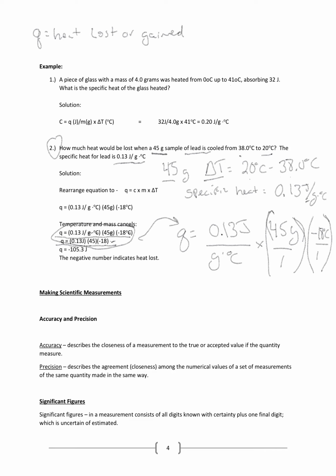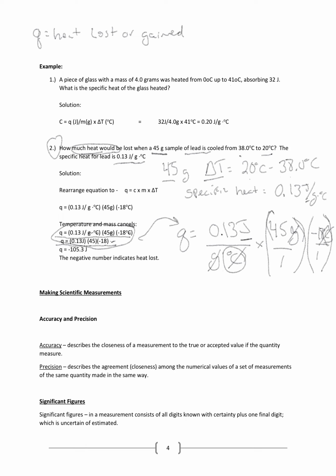So one of the things you want to be aware of is that units cancel out in the problem over here. So if you look, you'll see grams up here and grams down here. So the grams are in the numerator and denominator, so they can cancel out. And then you see degrees Celsius here and degrees Celsius over here. They can also cancel out. And then I'm left with just joules, which is what I want, because it's asking how much heat, and heat is measured in joules.